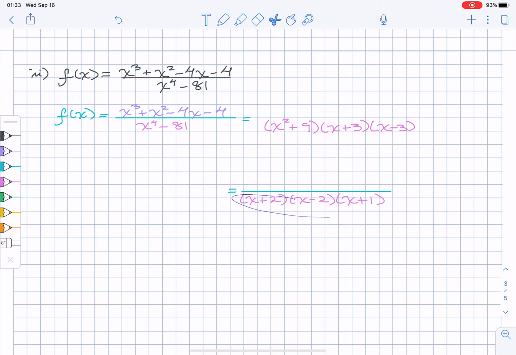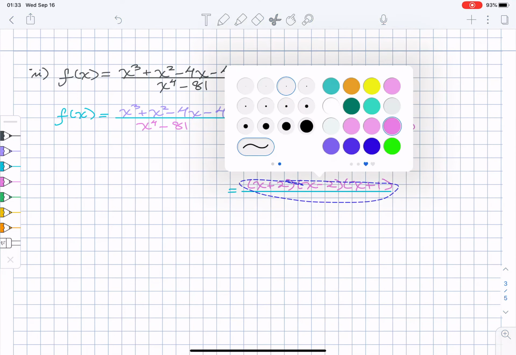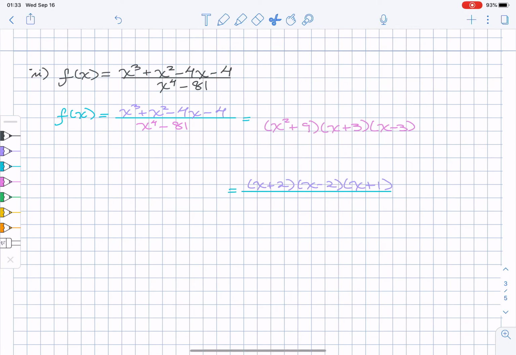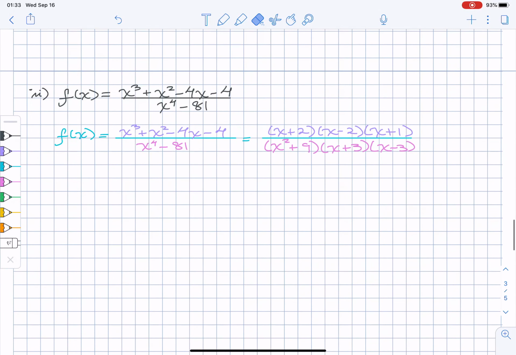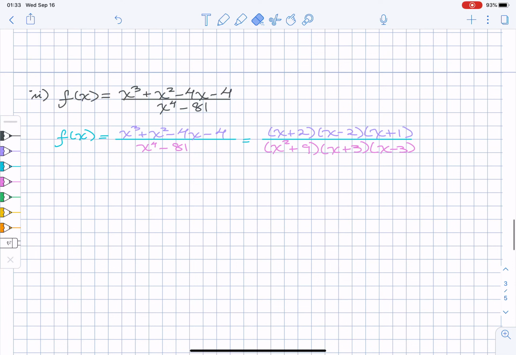All the pink guys here, make them purple. And then take this and put it on the top. And there we are. Because I think I did it the other way last time. Anyways, hopefully that makes sense.